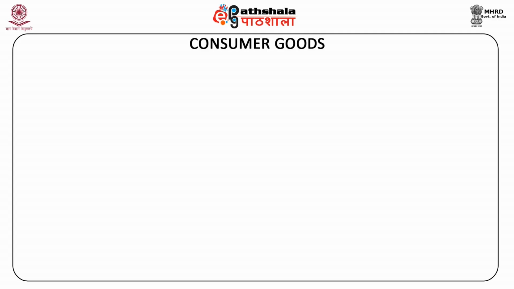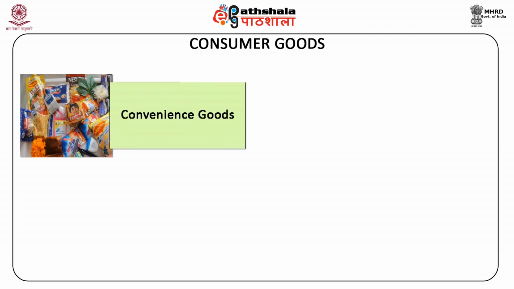First, convenience goods. Convenience goods are day-to-day products that a customer purchases frequently, immediately, and with a minimum of effort in comparison and buying. As they are consumed quickly and purchased frequently, consumers do not mind trying different brands at different times.